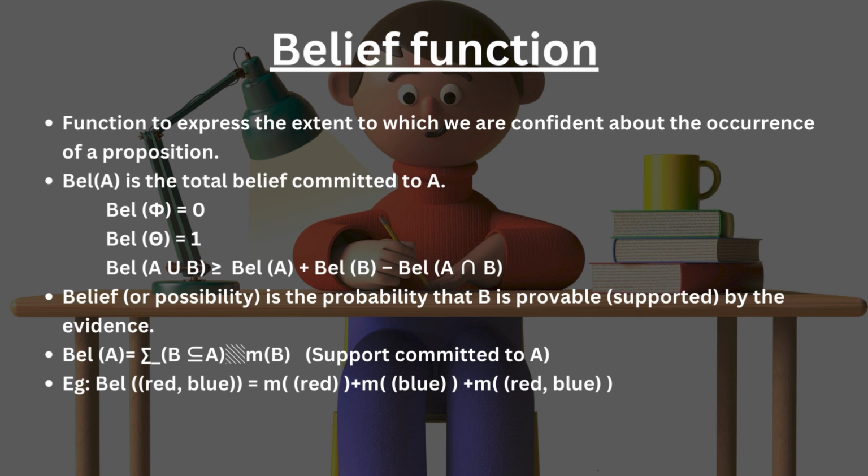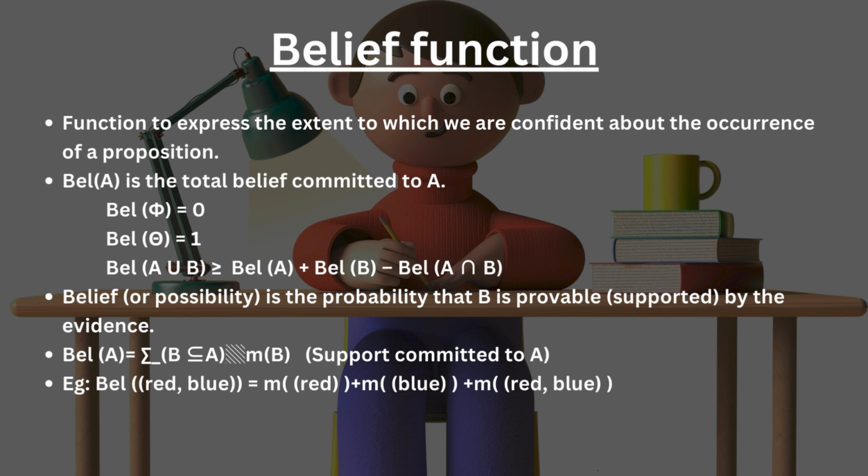For example, if A is the car is red and B is the car is blue, this property ensures that our belief in the car is red or blue is at least as much as the sum of our belief in the car is red and the car is blue minus any overlap.